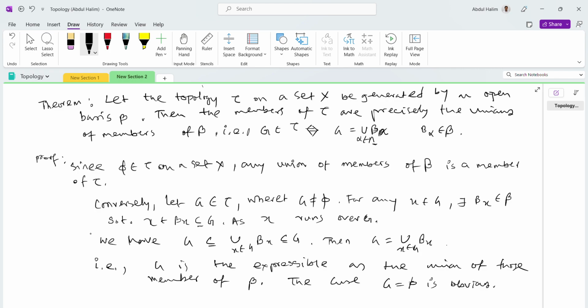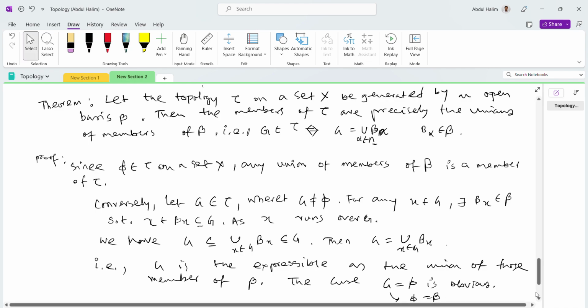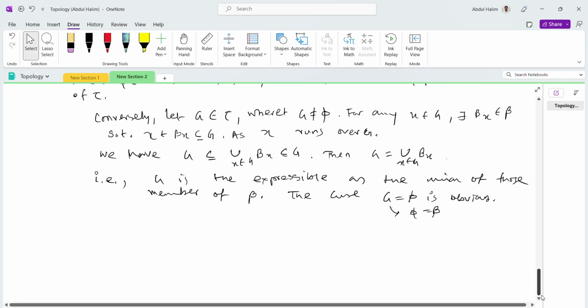That is, Z is expressible as the union of those members of beta.